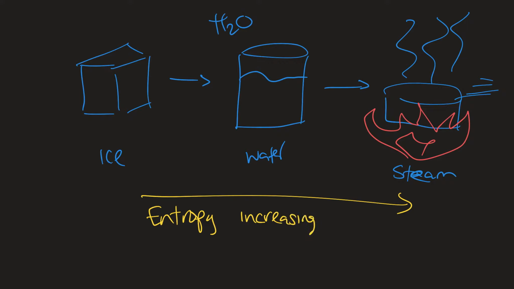Why is that? Remember, entropy is all about the measure of disorder in the system. When you have a substance in solid form, the molecules are very organized, so entropy is very low, or sometimes it's a negative number. A negative number simply means it became more orderly. Then as a solid becomes a liquid, it's not as organized.